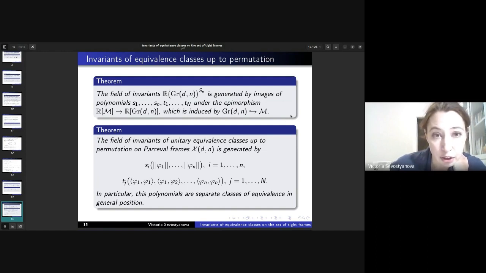The second result is that the field of invariants for unitary equivalence classes up to permutation for Parseval frames is generated by these polynomials when the variables are scalar products.